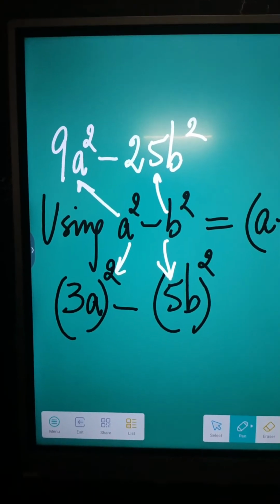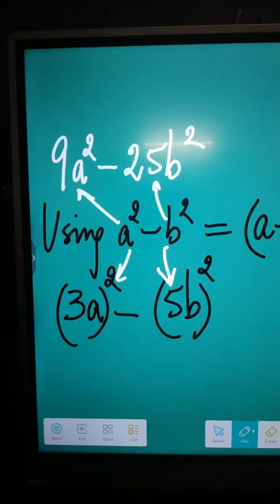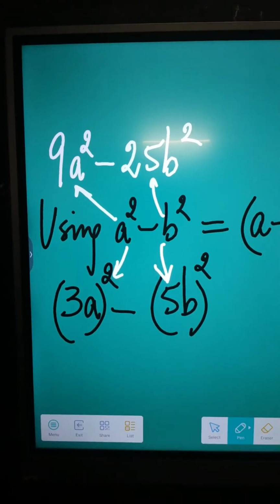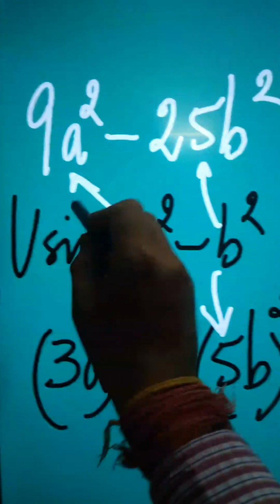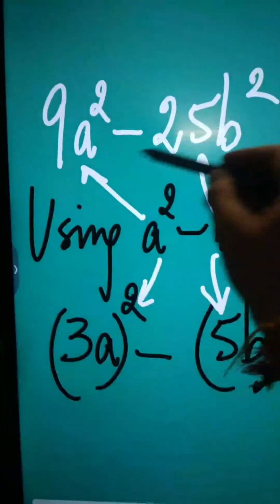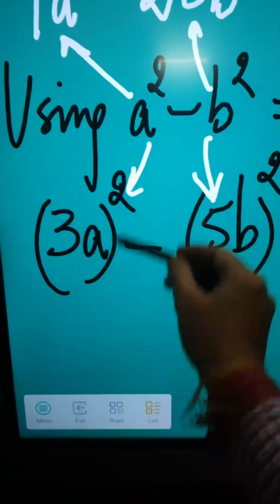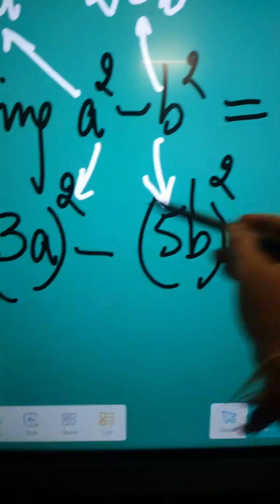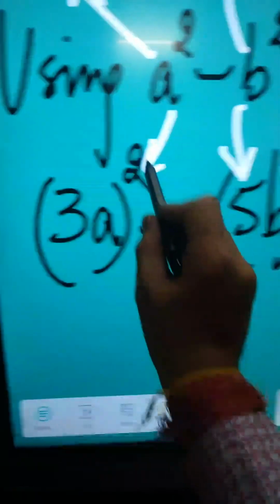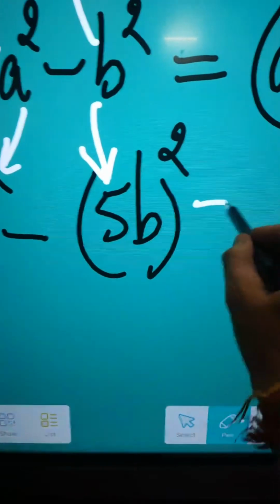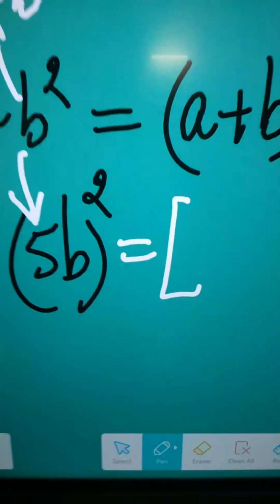A is inside the bracket, so 3a. What is b equal to? Inside the bracket, it is 5b. I have to write both the expressions as a whole square. So 3a whole square, 5b whole square means what will be the answer of this? 9a square, 25b square. I have to write now what is a plus b.